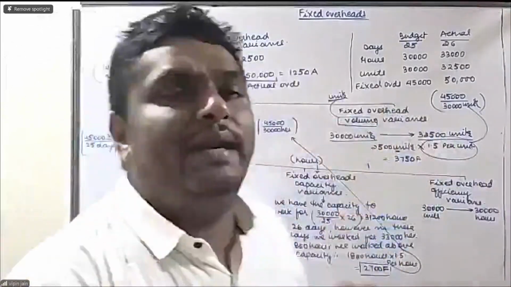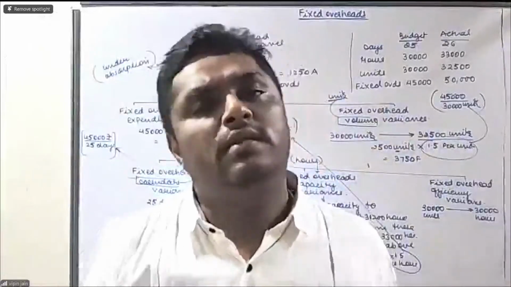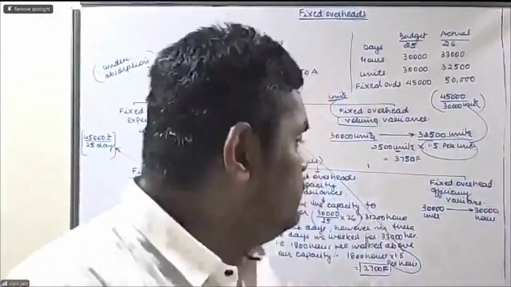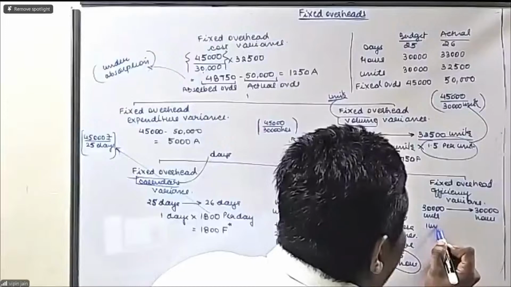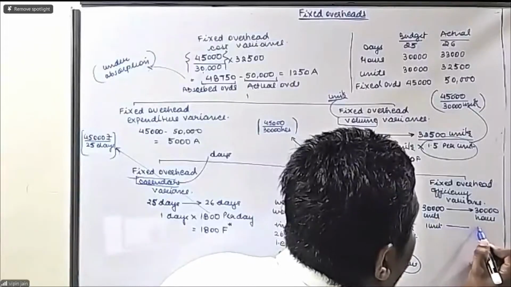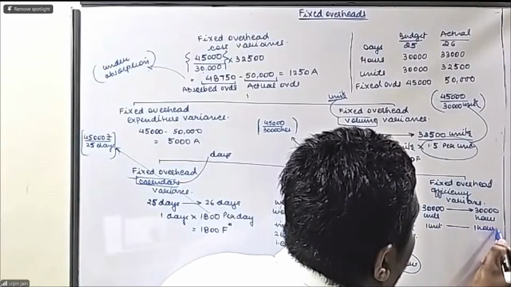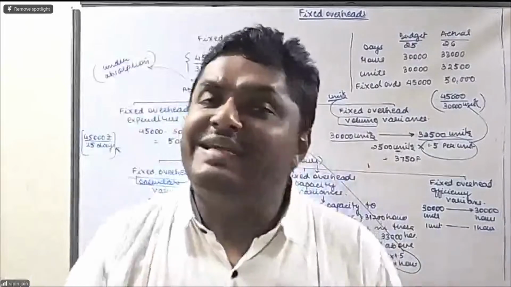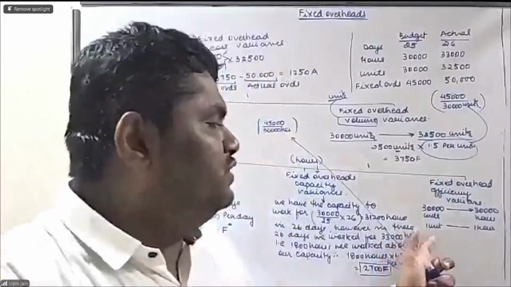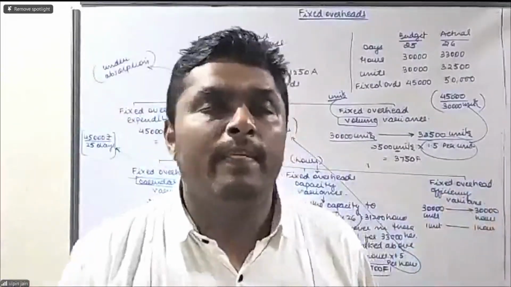Management has set the target that 30,000 units should take 30,000 hours. It means one unit should take maximum 1 hour. This was the target set by the management.